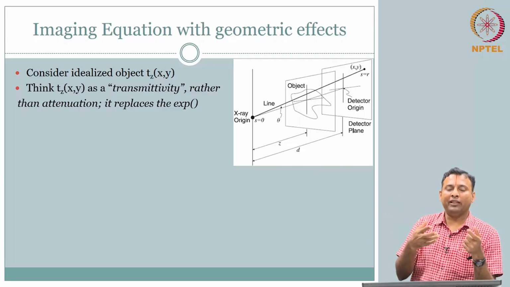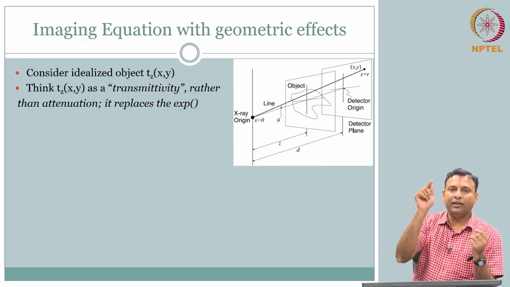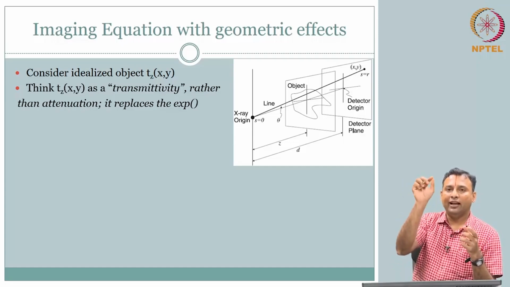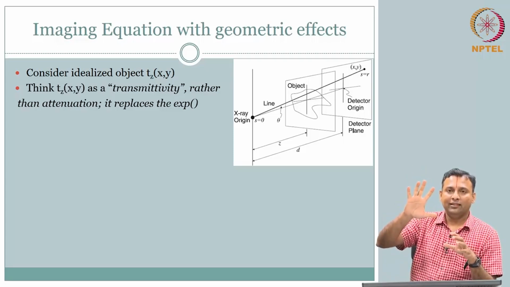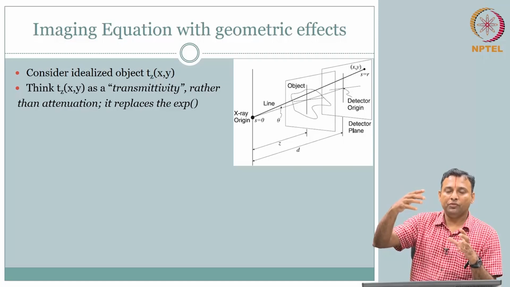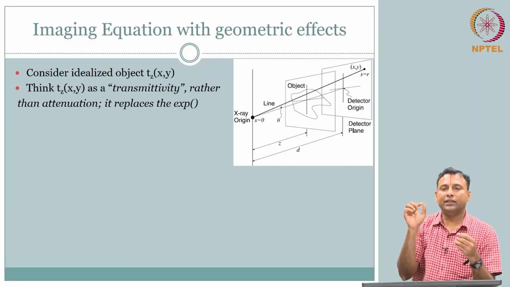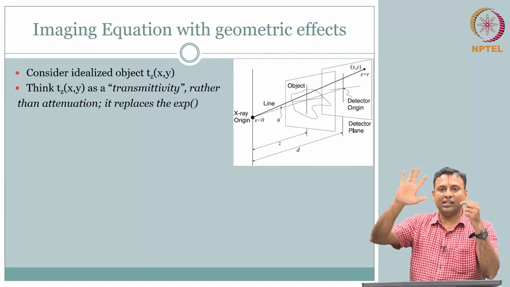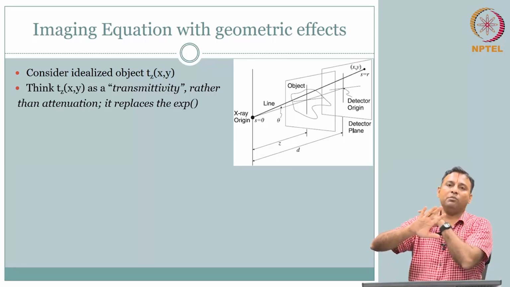Here you can think of this as an infinitesimally thin sheet, where I have something like an attenuator placed at some points. So the object pattern is there in terms of mu and the depth that is collapsed into it. In some sense, I have this transmittivity function, and depending on the transmittivity function, what comes out is determined.